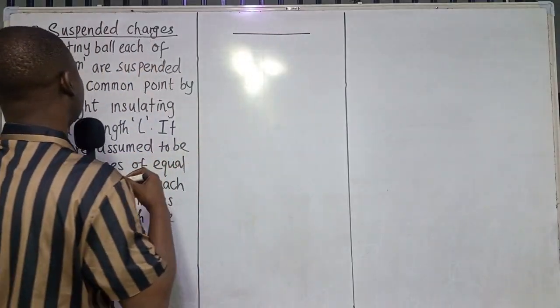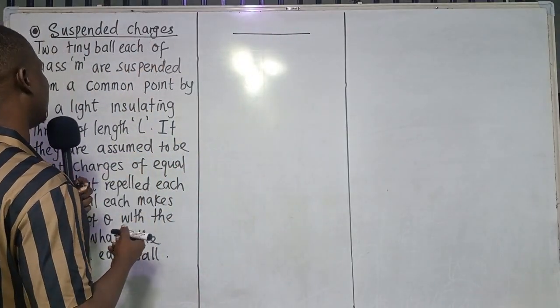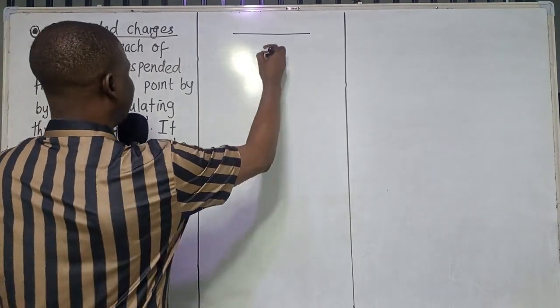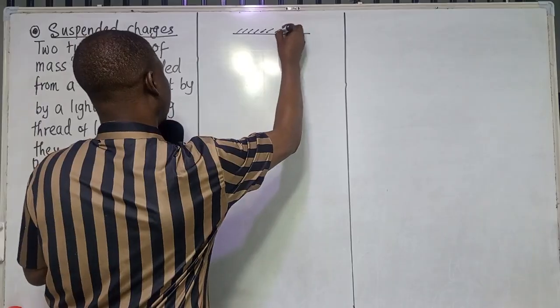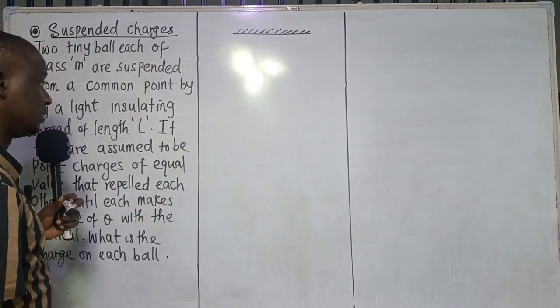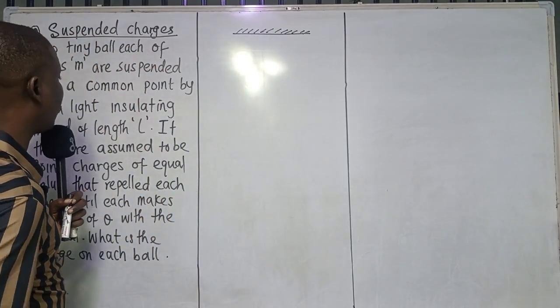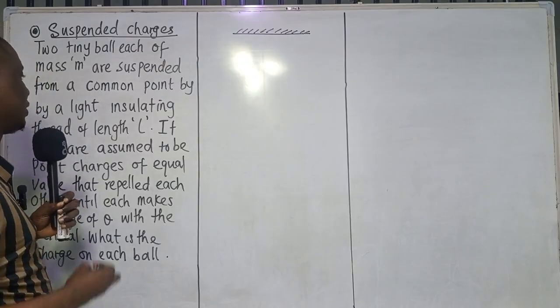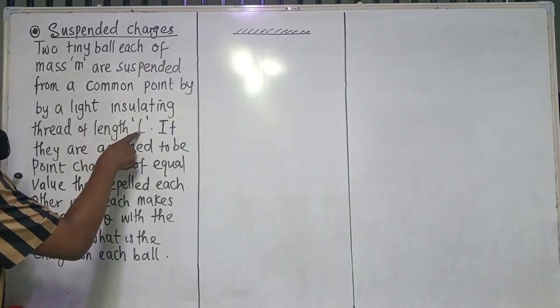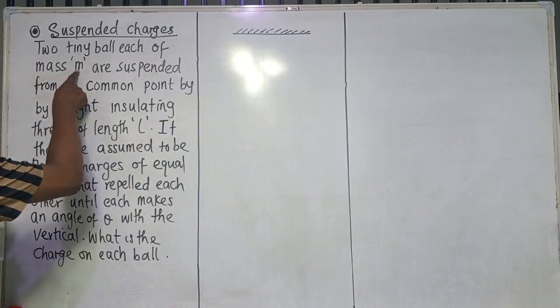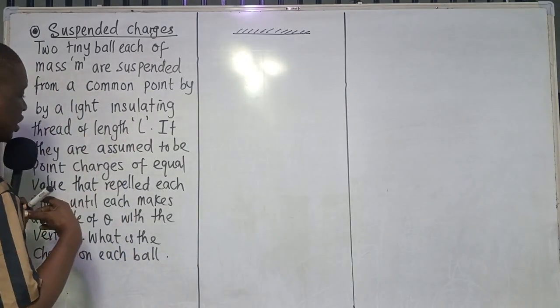Let's say two tiny balls, each of mass M, are suspended from this ceiling, using a thread of length L. Don't forget, they say they are equal charges.